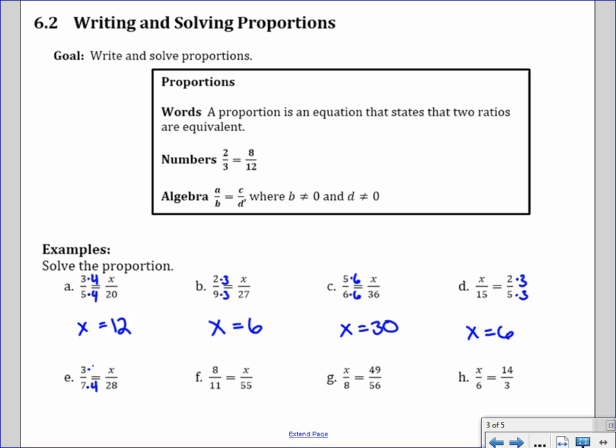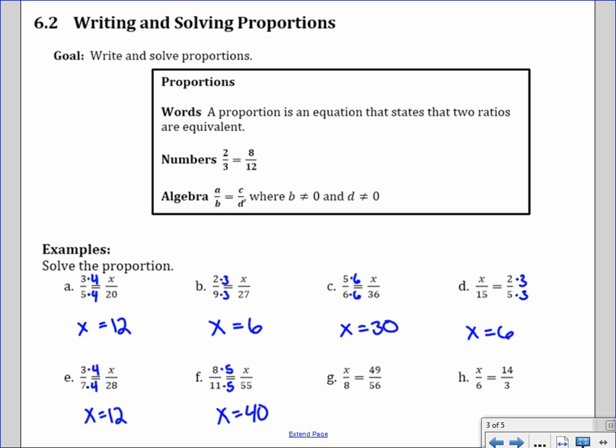So 3 times 4 is equal to x. X is equal to 12. F, 11 times 5 is equal to 55. So 8 times 5 is equal to x. And x is equal to 40.